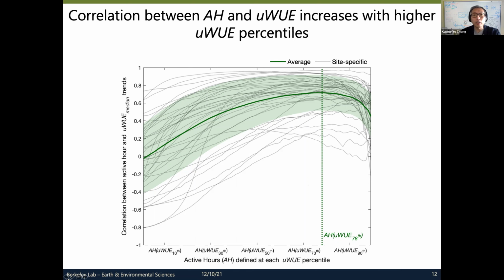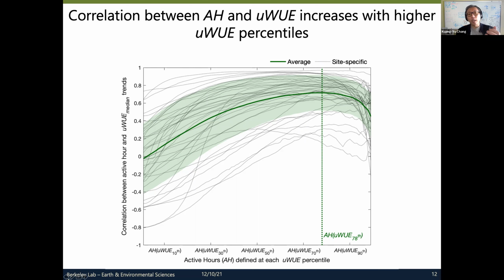The solid green line and the shaded area represent the mean and standard deviation of the correlation between active hour and underlying water use efficiency trends among the 40 FLUXNET sites. The overall highest correlation is found when active hour is defined as the number of hours when underlying water use efficiency is above its 78th percentile, as shown in the green dash line.